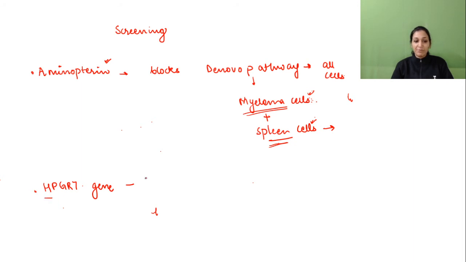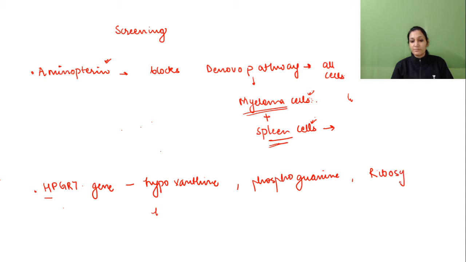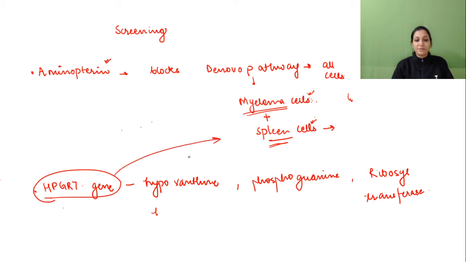Let us elaborate this also: hypoxanthine phosphoribosyl transferase. So with aminopterin, the HGPRT gene is live in the spleen cells, and myeloma cells are lacking this gene, hence they will die of starvation.